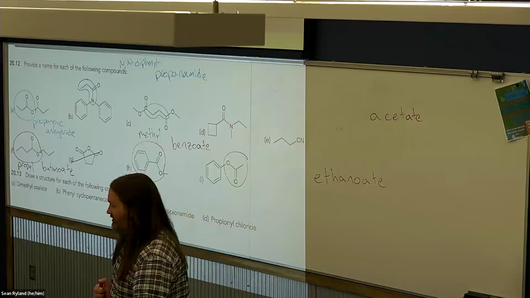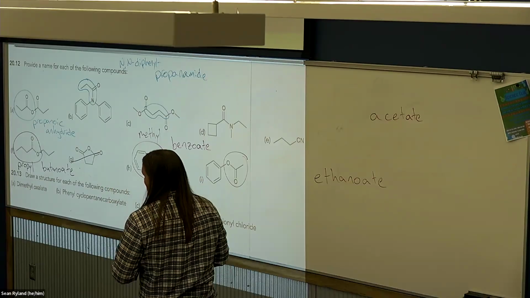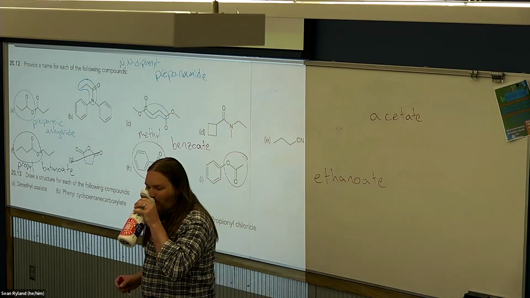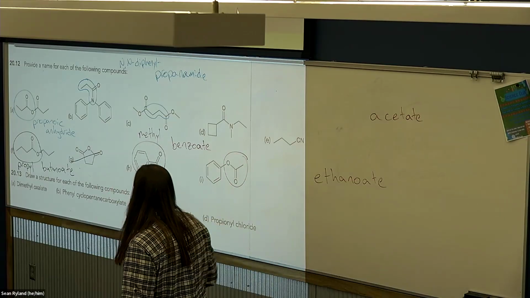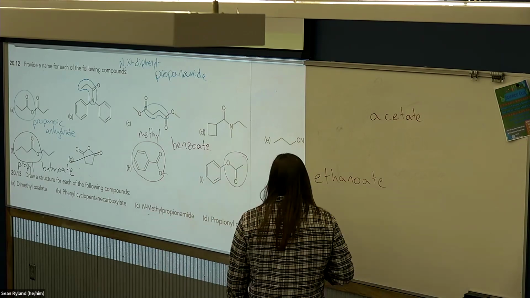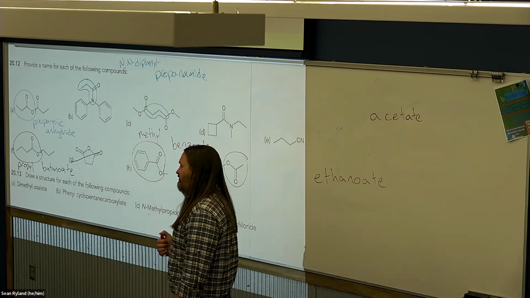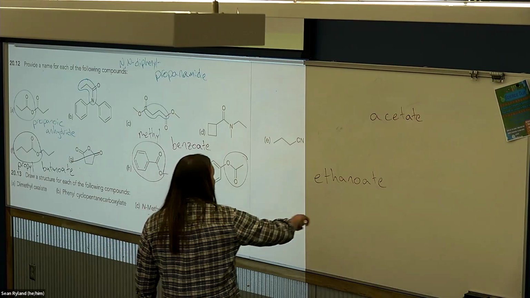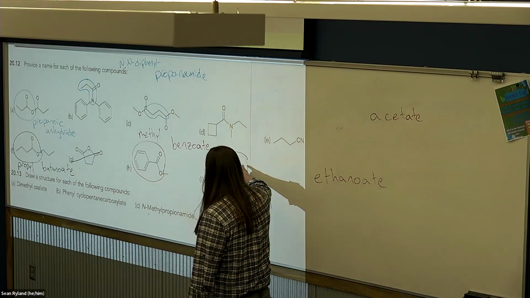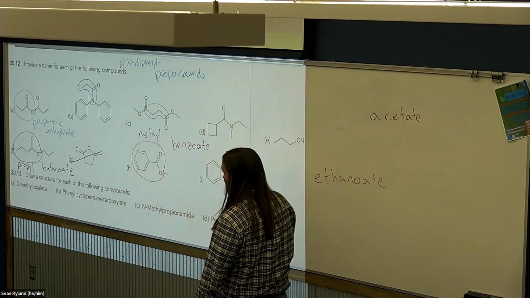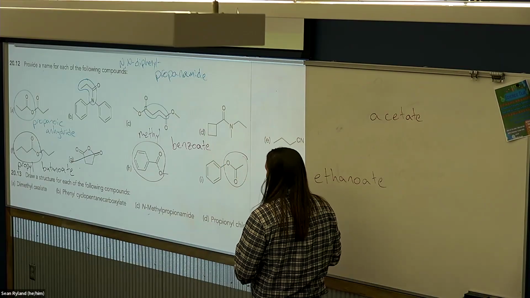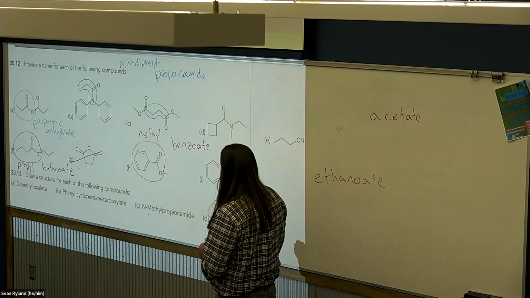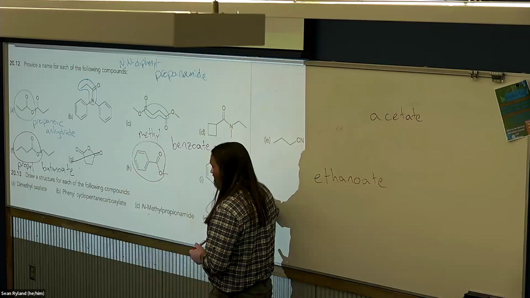This is why acetate was one of those polyatomic ions you had to memorize last year, right? Because it shows up everywhere. I'm not always 100% convinced I'm saying it correctly. So either way, ethanoate or acetate, that's our parent molecule, so it's on the other side of the oxygen.